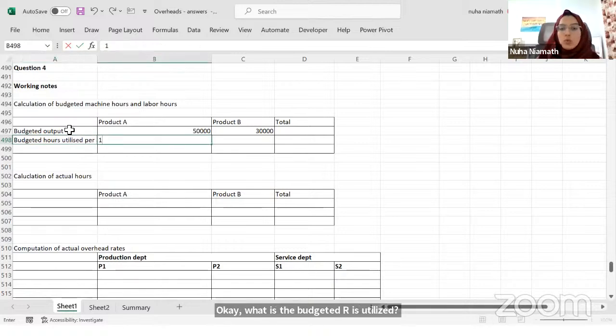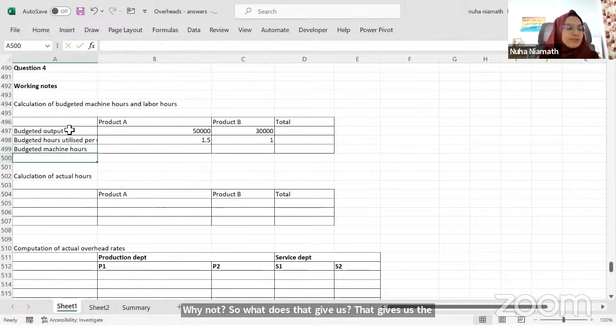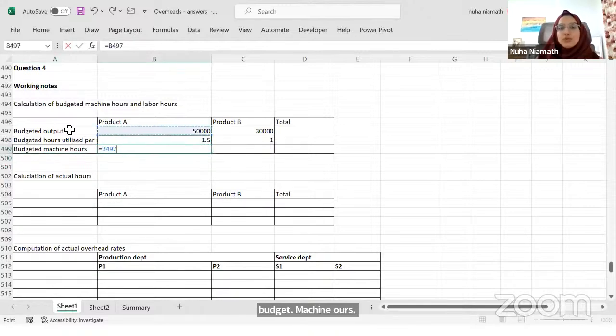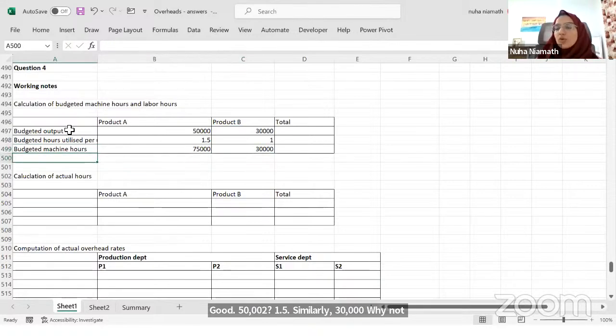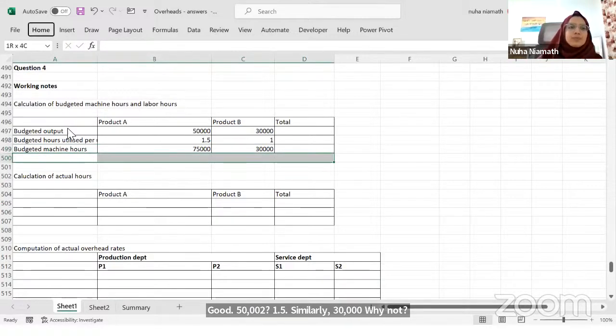Given to be 1.5 hours and given to be 1 hour. So what does that give us? That gives us the budgeted machine hours. Correct? 50,000 into 1.5. Similarly, 30,000 into 1 hour. So this will give me my budgeted machine hours, which will form the basis for my predetermined rate.